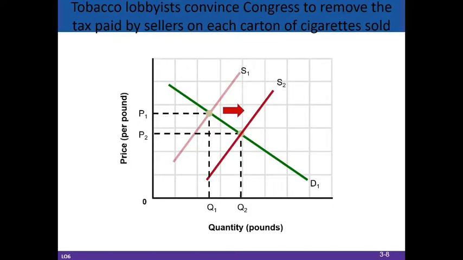But if the tax paid by the sellers is removed, then the production will be cheaper for the tobacco producers, and they can supply more. As a result, the supply will shift to the right, and with the new supply, there will be a new equilibrium in the market. The price will go down to P2, and the quantity bought and sold will increase to Q2.